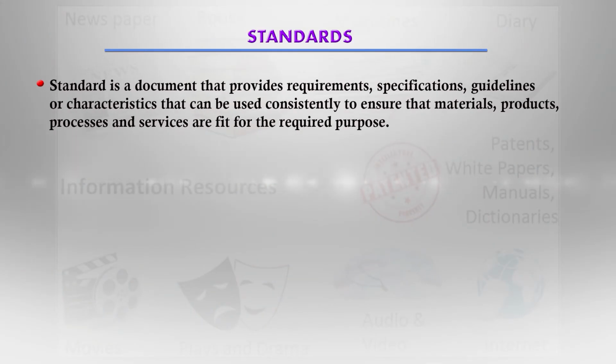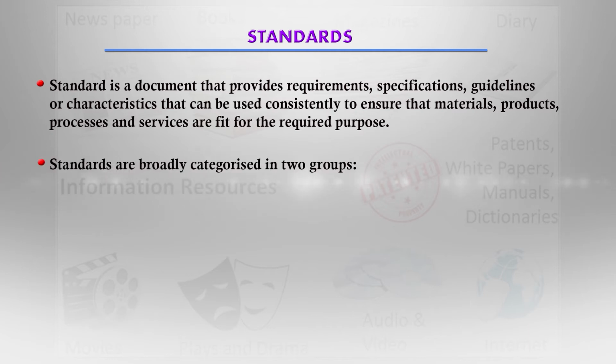Then come the standards. Like patents, standards are also primary sources and very useful sources of information. A standard is a document that provides requirements, specifications, guidelines or characteristics that can be used consistently to ensure that materials, products, processes and services are fit for the required purpose.